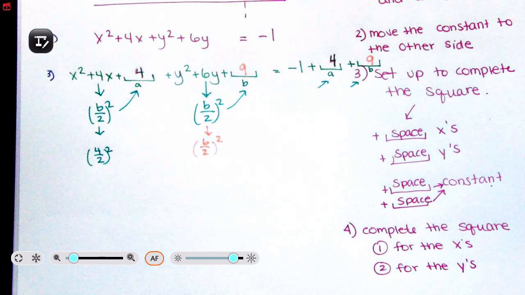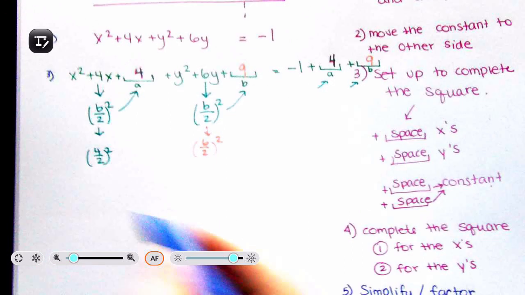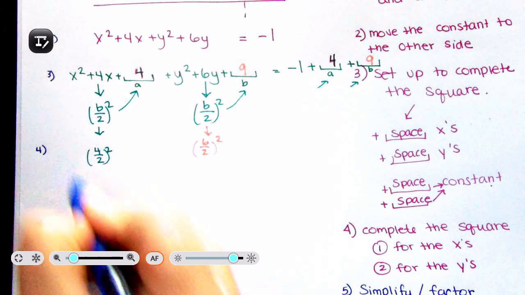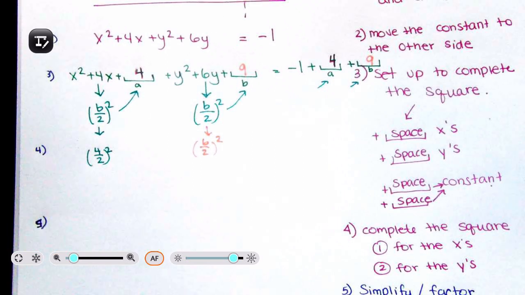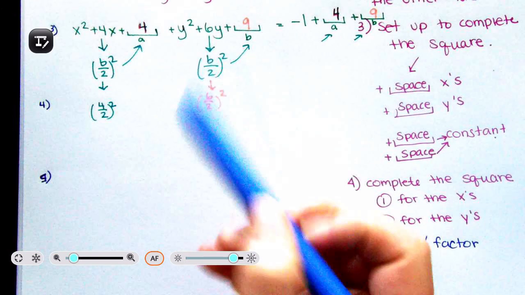Okay, step number 5. Simplify and factor. Step number 4 was here, so this is step number 5. So I'm taking this right here and I'm going to rewrite it and simplify it.